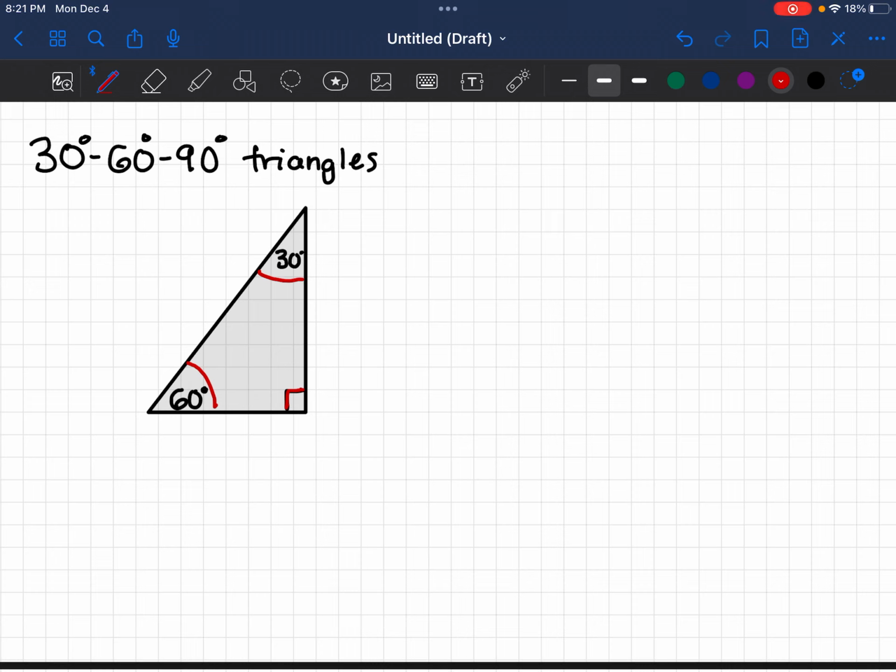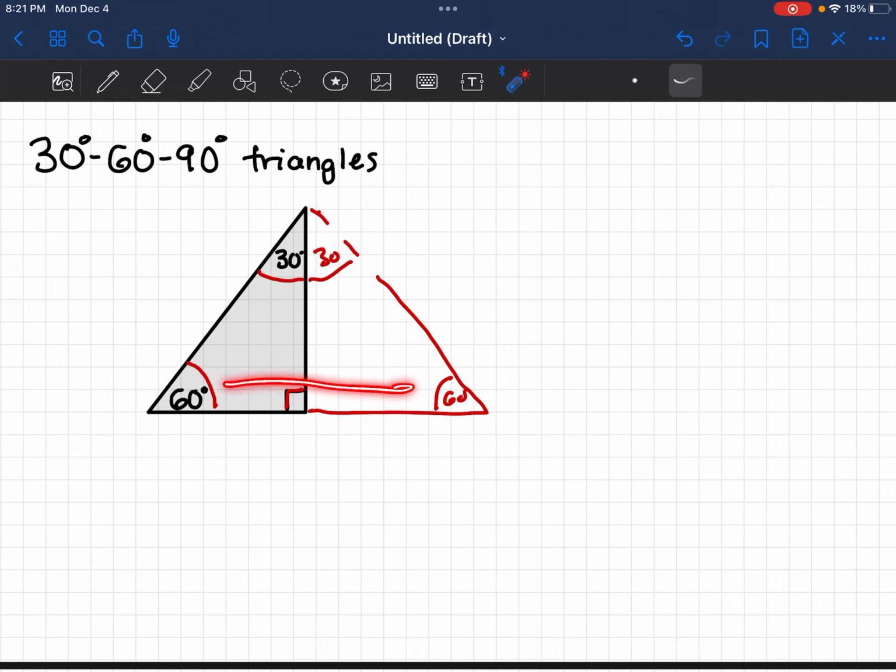One thing that I could do here is if I were to reflect the triangle over this height here, I would see that that angle would now be 30 and this angle would be 60 because it's reflecting across.